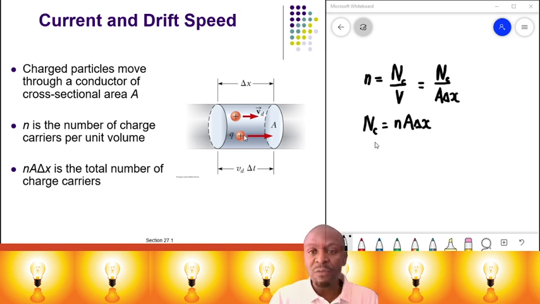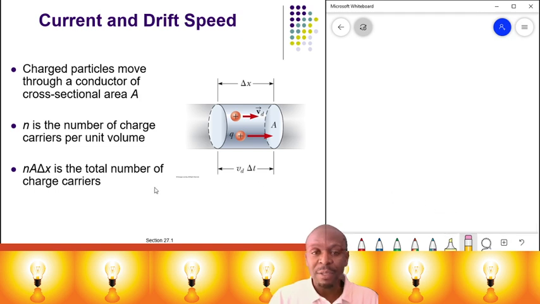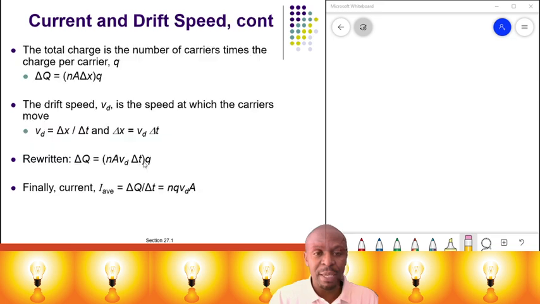Because if we know the velocity that these charges are moving at, we can just use the equations for displacement, because the displacement is always defined in terms of v times t. Now in this case, that is what you are going to have. But before you can even do that, let us just try to find the total charge Q. The total charge Q will just multiply this number of charge carriers by q.